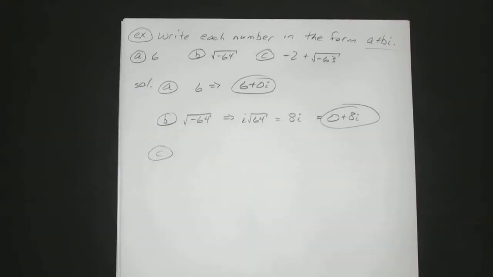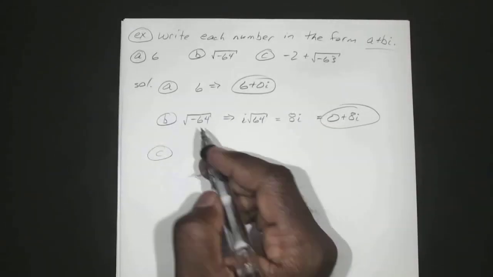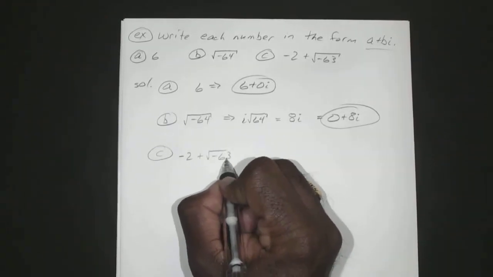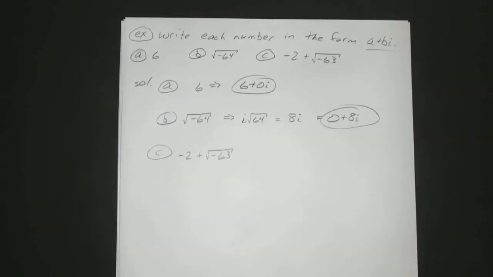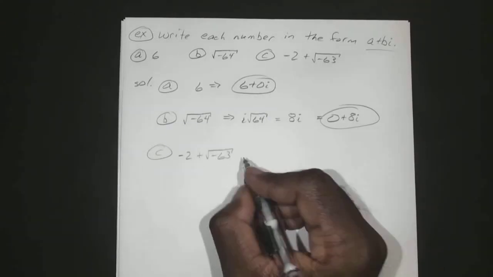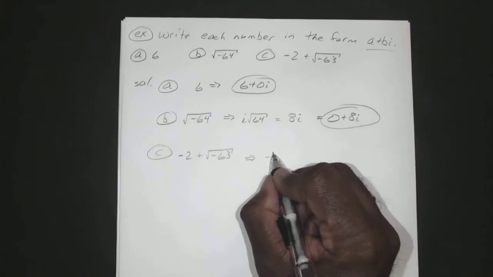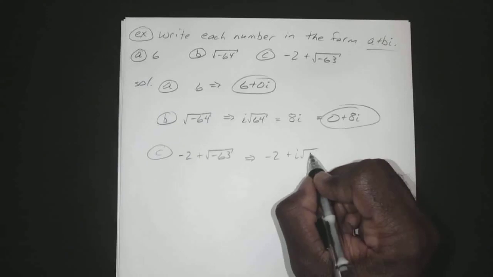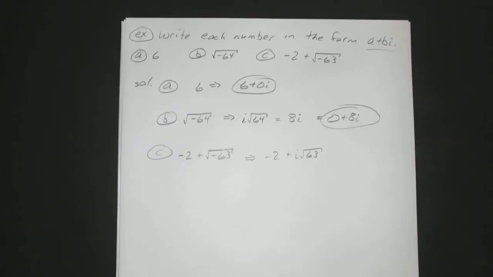All right, so for C, we have negative 2 plus square root of negative 63. So we can just take that negative 63 and convert that. So we have negative 2 plus i square root of 63. Now we do have a perfect square in 63 since it's 9 times 7.